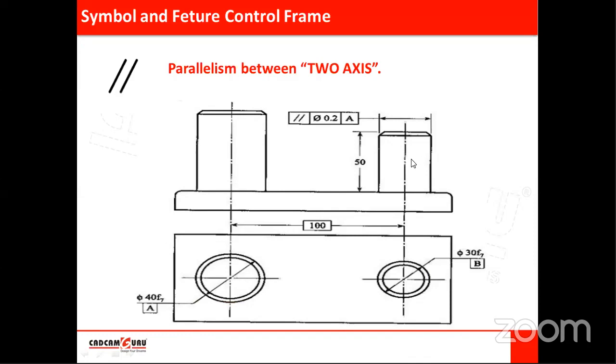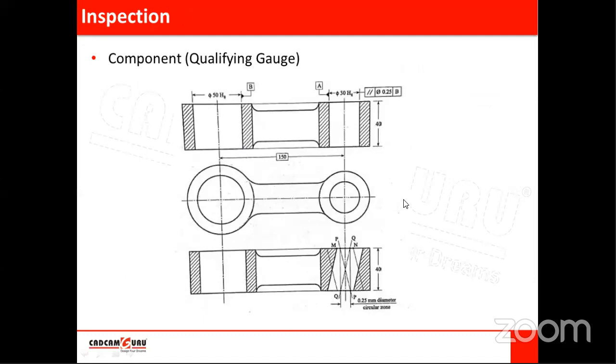This is the feature under consideration, and diameter of feature under consideration is 30 mm. Diameter of the reference feature is 40 mm. So while designing this qualifying gauge, it will be different for different components.